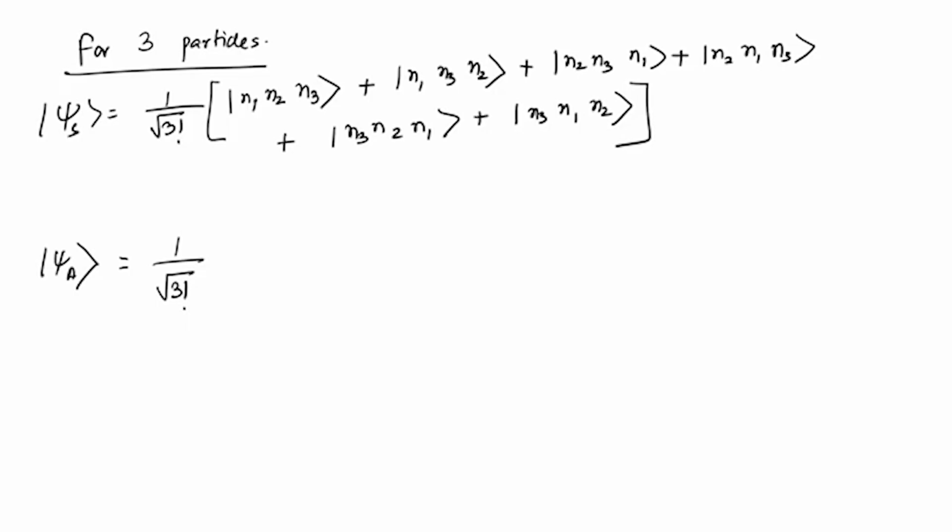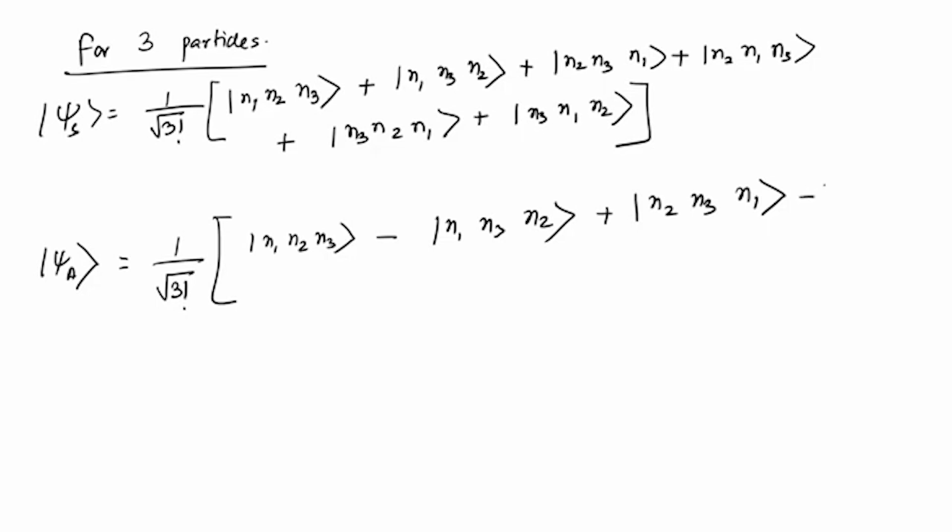And so, all these positive and negative signs can be written a little carefully, and if you write them down, it is n1 n2 n3 minus n1 n3 n2, because there is one exchange, and then there are 2 exchanges, which is n2 n3 n1.